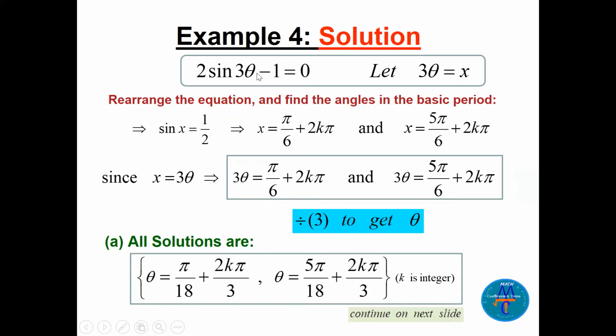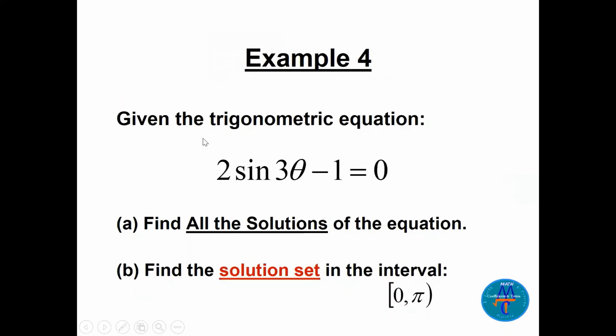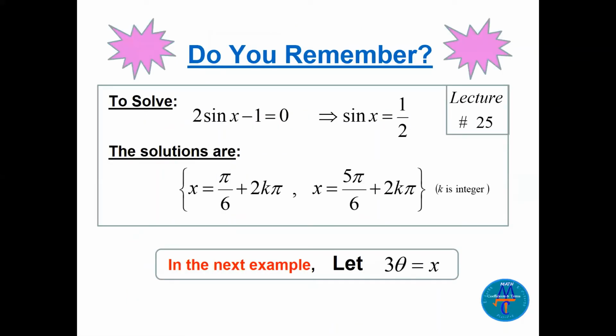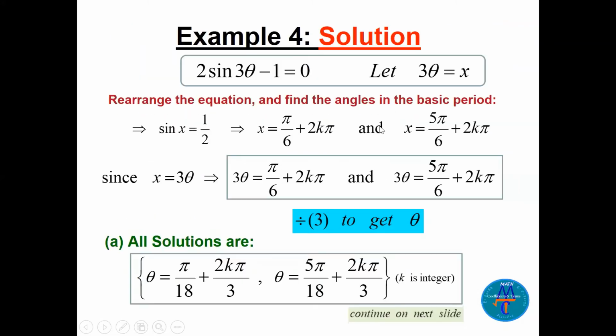Take 1 to the other side, divide by 2, which is exactly what we did in lecture 25. So let's continue. Sine of x is equal to half. We ask the question, which quadrants? So this will be quadrant 1 and quadrant 2. So x will be pi over 6 plus 2k pi, and x will be 5 pi over 6 plus 2k pi.